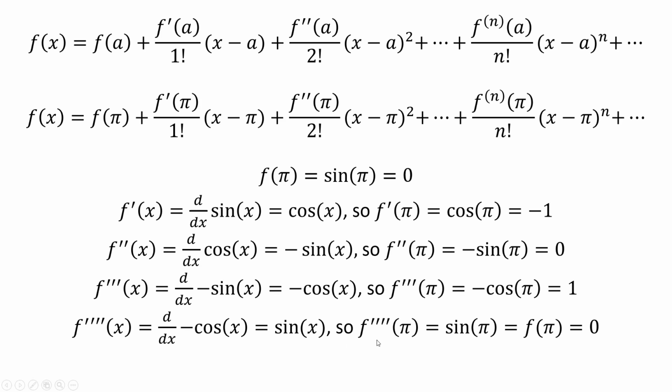And we see here that the fourth derivative of f at pi is just equal to 0, as we have here. So after differentiating 4 times, we go back to the original value, and we just keep on getting these values in this order. So at the 0th derivative, 0, then minus 1, 0, 1, then 0, minus 1, 0, 1, 0, minus 1, 0, 1, and so on for infinity. So we have a repeating sequence.